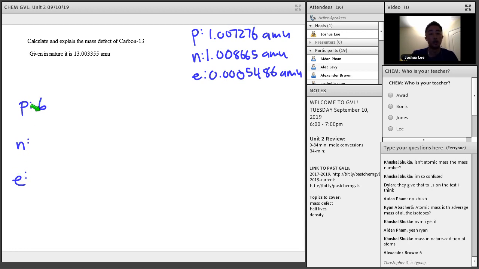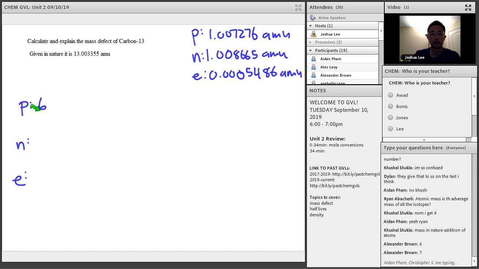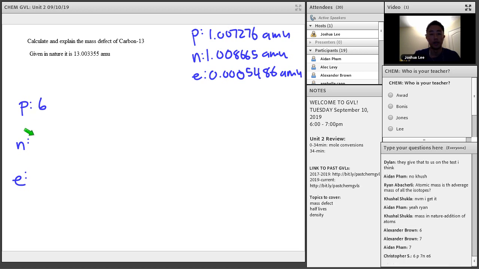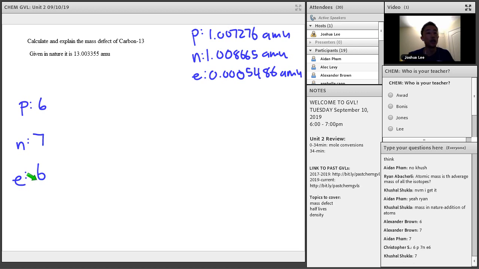How many neutrons for carbon 13? 7, and electrons are 6. Good. So then what you're trying to do is, okay, if you just got a carbon 13 atom in nature, it says it's this, 13.003355. So then let's check.